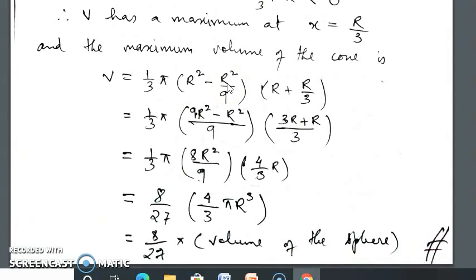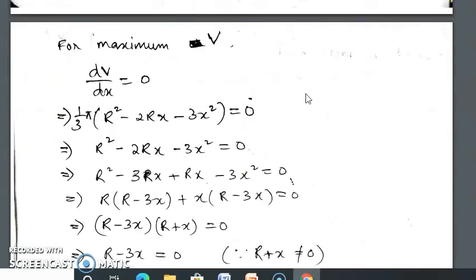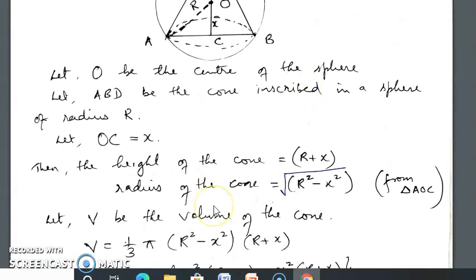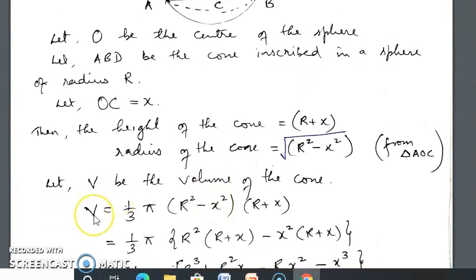Here we have x squared, and we have r squared by 9. And then here we have x only, r by 3. This is the volume of the cone. So we put x as r by 3. Here we have it squared, so we'll have r squared by 9.